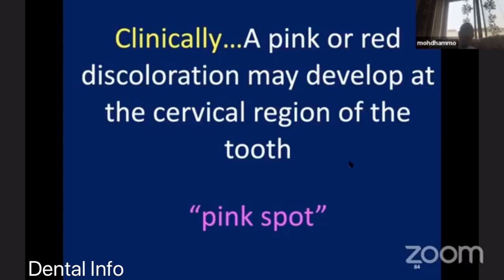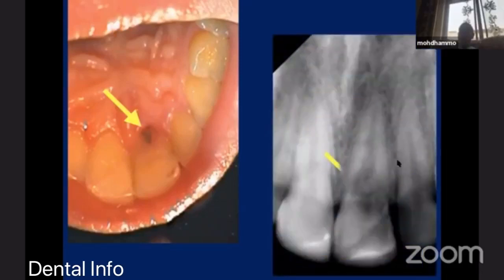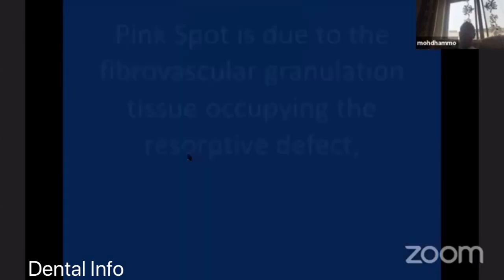This is the first sign you can see when you examine the tooth, and sometimes our patients come complaining of this pink spot. It might be buccal, labial, or palatal. Here it's a palatal pink spot. And this is the cervical resorption. So the first sign is the pink spot.